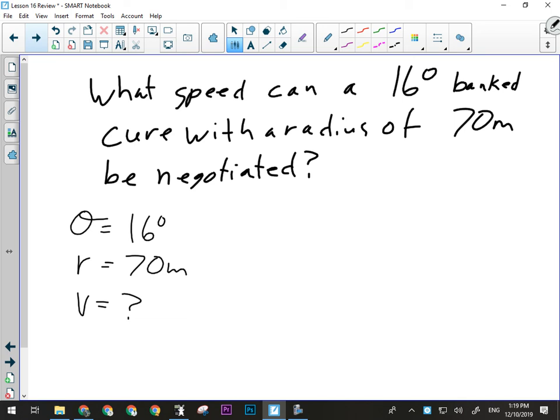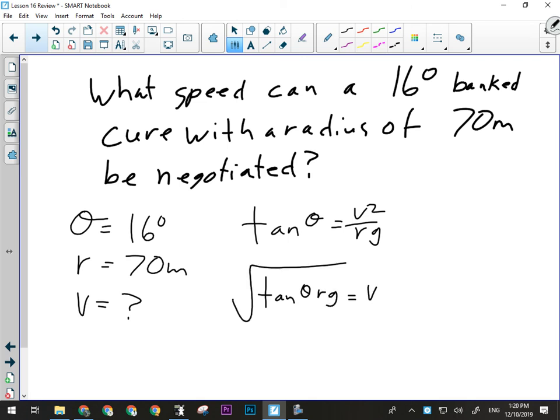All banked curves are governed by this formula: the tan of theta equals v squared over r times g. This question wants me to solve for v. So what do I do with the r and the g? Multiply them over to the other side. So I'm going to have the tan of theta times r times g equals v squared, and then I square root it.